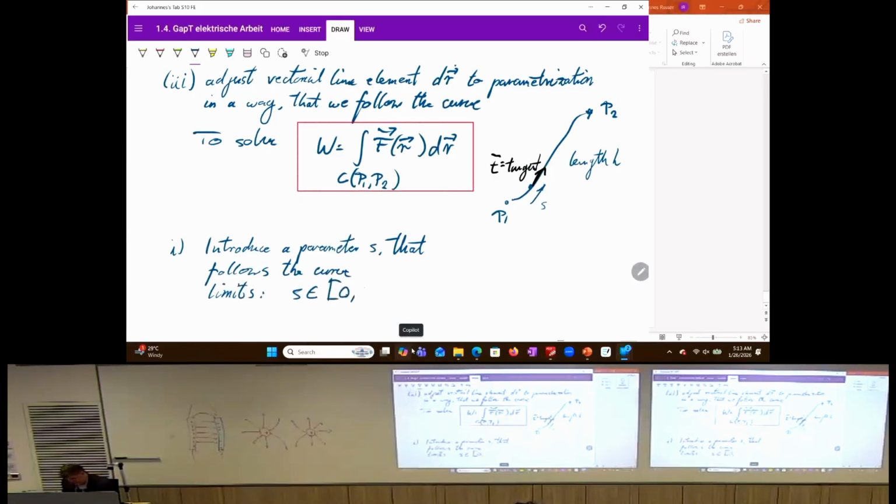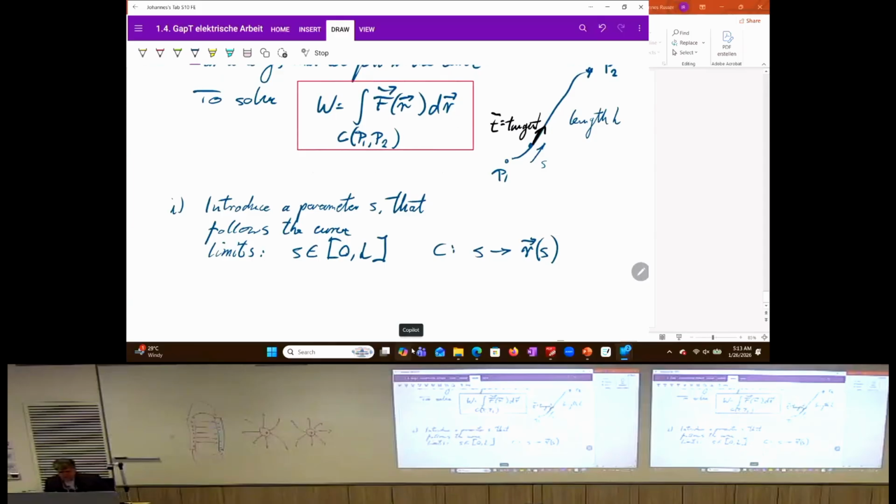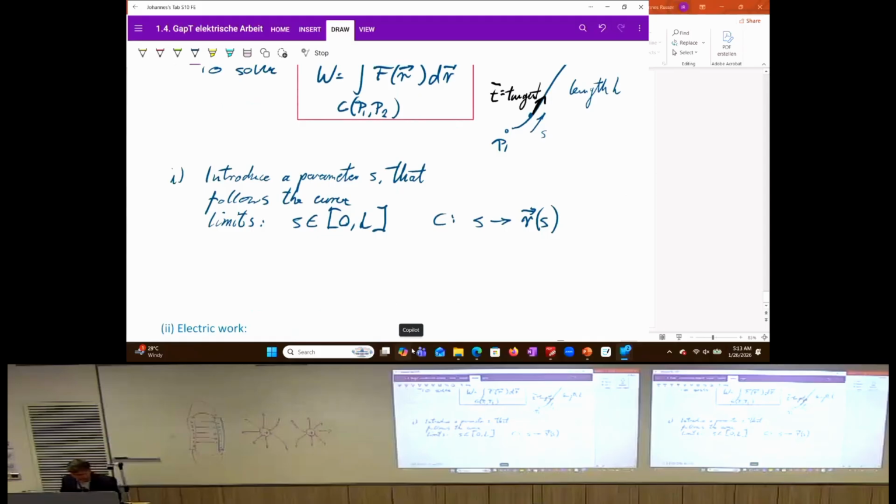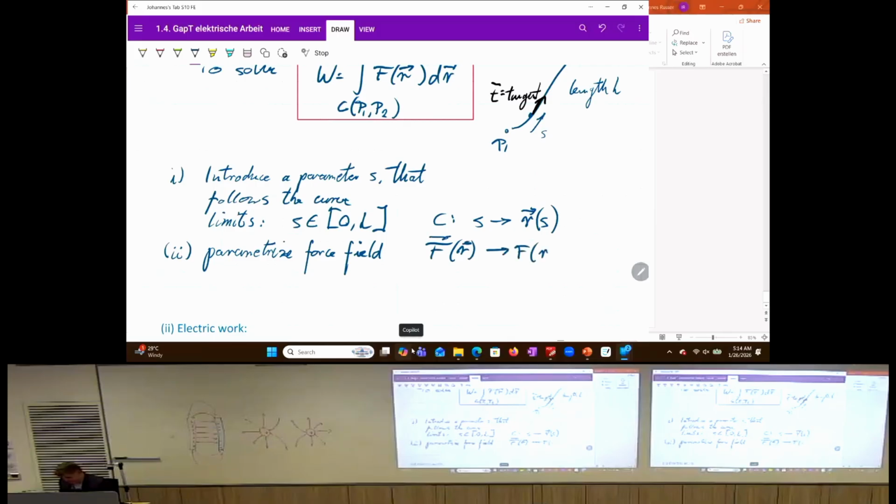It runs from 0 to L. And then we make our curve r a function of S. Based on that, we have the second step, parameterize the force field. That implies that our F of r is going to be F of r of S. And I think earlier we also saw the benefit of doing this in the recap.